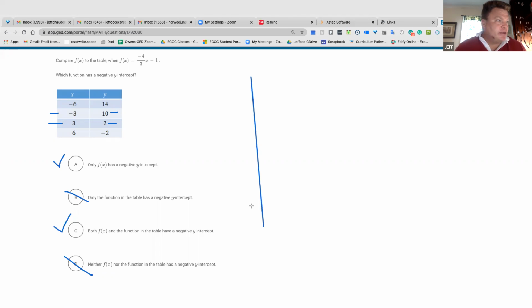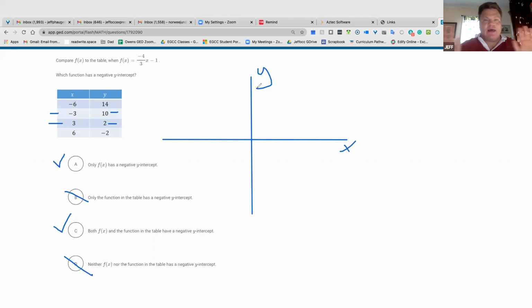Here's my y line, here's my x line. Okay, so I'm gonna label them real quick. This is an x, this is a y. This is how to get this question right without doing any math. That's our goal. All we're gonna do on the x line, x has to be 0.